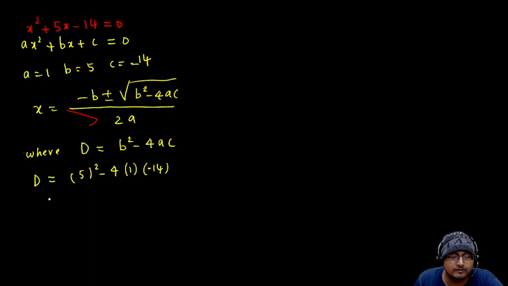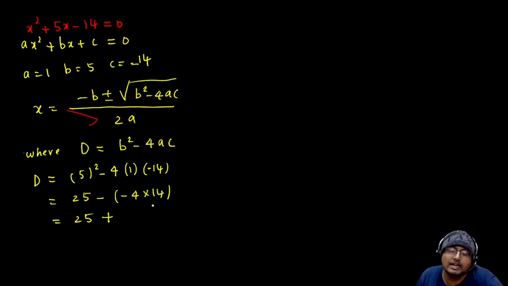So 5 square value is 25, minus 4 into 1 is 4, 4 into minus 14 becomes minus of 4 into 14. So it will become 25 minus minus, plus 4 into 14.